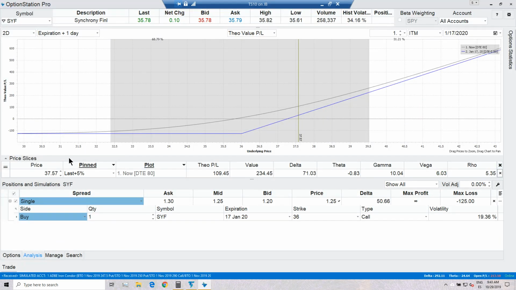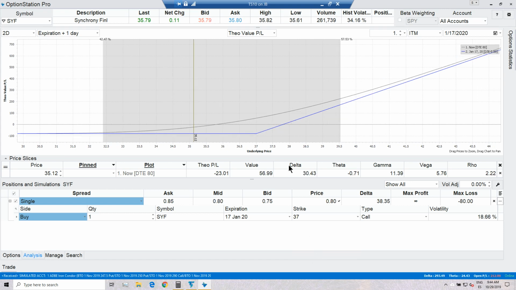What I'm looking for is delta values around 30, and the 36 is giving me a little too much, 42, so I'll try the 37, and the 37 is perfect. It's giving me that 30 delta that I was shooting for.